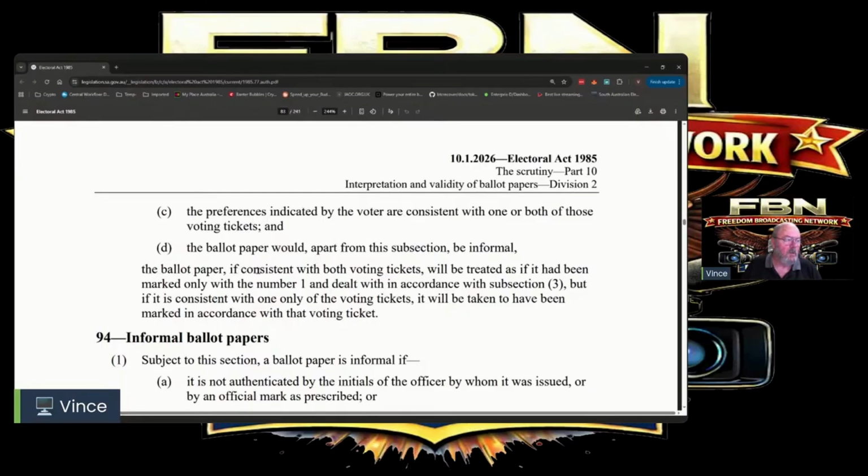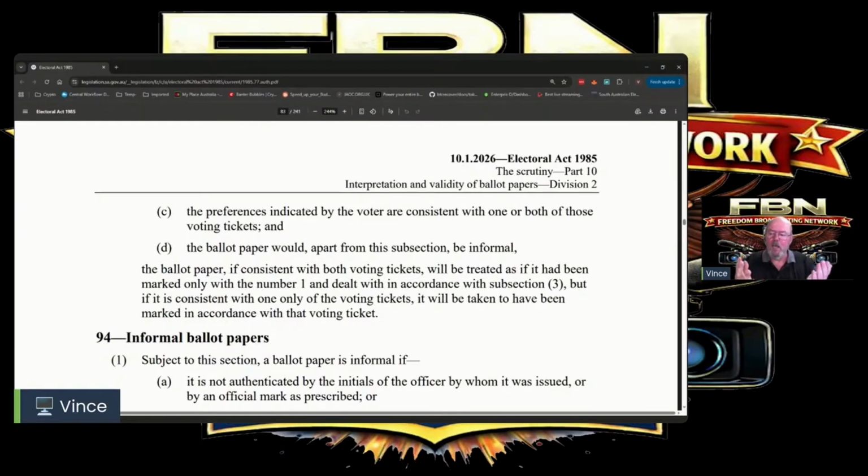The ballot paper, if consistent with both voting tickets, will be treated as if it has been marked only with a number 1 and dealt with in accordance with subsection 3 above. But if it is consistent with only 1 of the voting tickets, it will be taken to be marked in accordance with that voting ticket. So if they do 1, 2, 3, or 4, and their ballot matches one of the 2 tickets that may have been put in by their party, assuming that there are 2 tickets, most parties only put in 1, right?